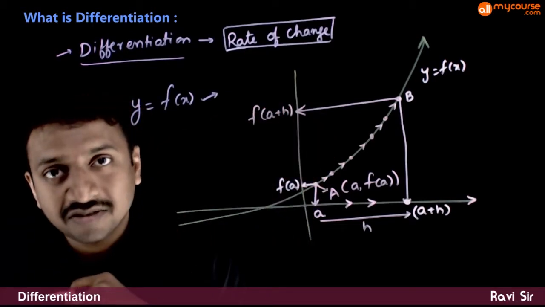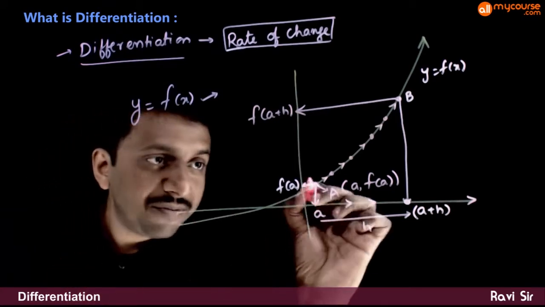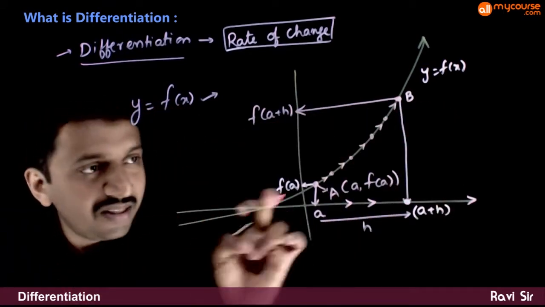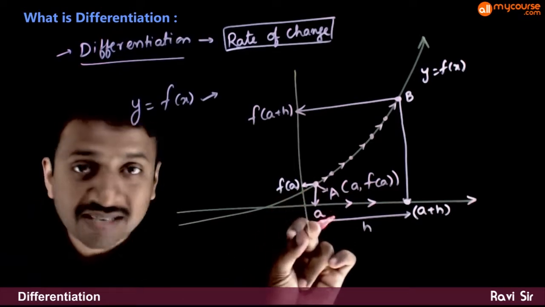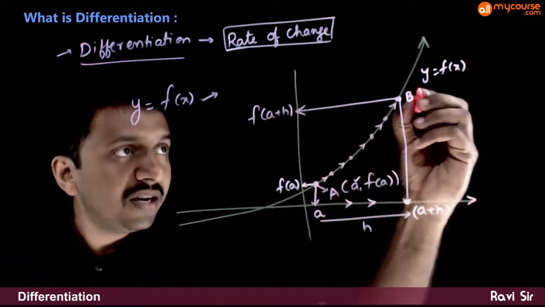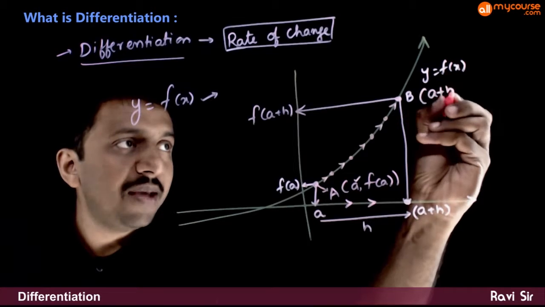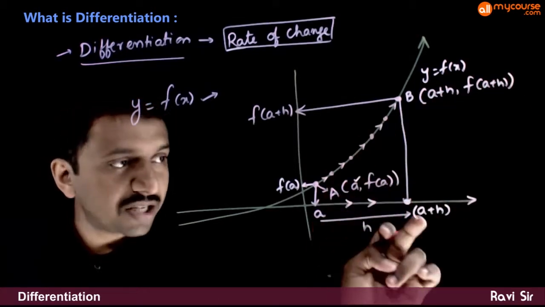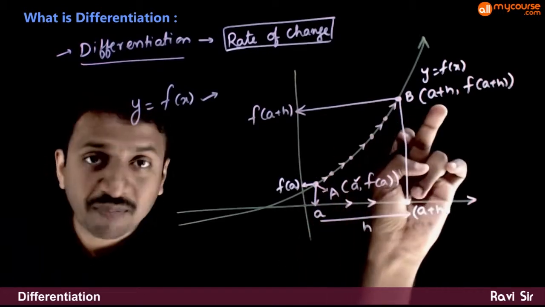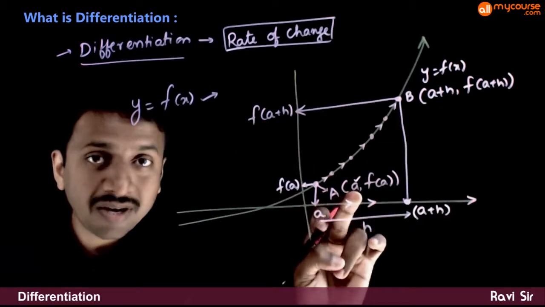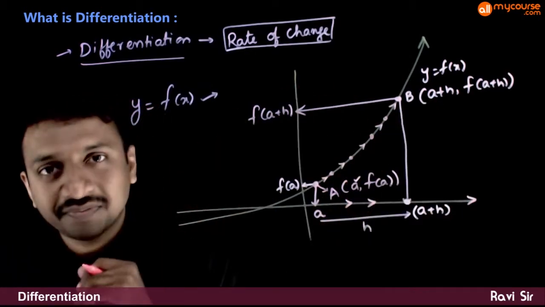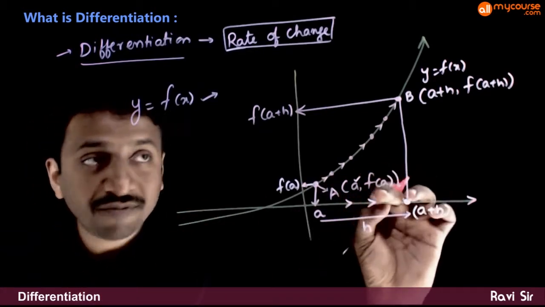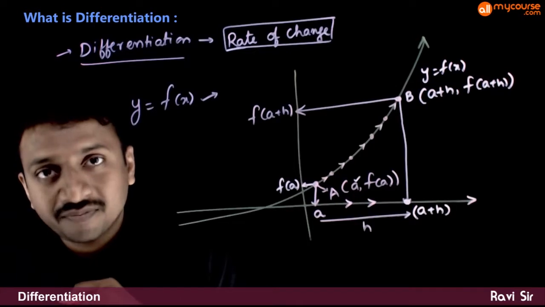If you go from this point to this point, the x coordinate has changed from a to a plus h. And the y coordinate has changed from f of a to f of a plus h.